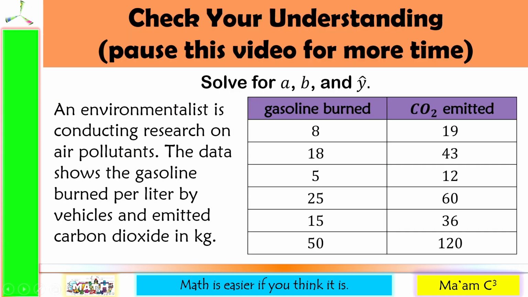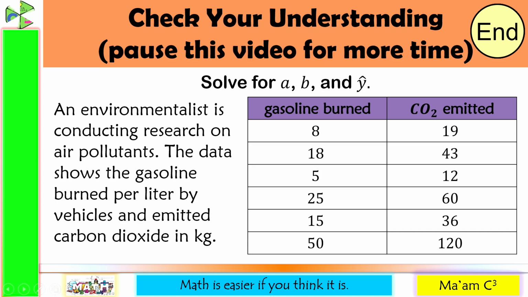Now, it is time to check your understanding. Pause this video for more time. Let us answer. Solve for A, B, and the regression equation. An environmentalist is conducting research on air pollutants.